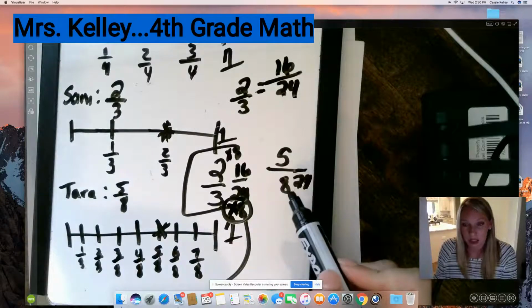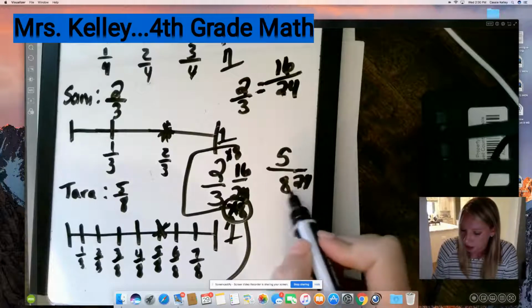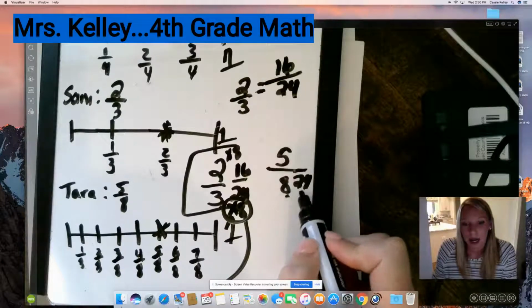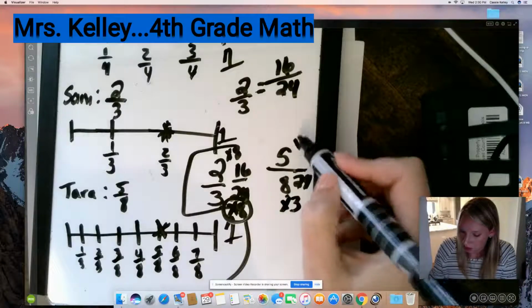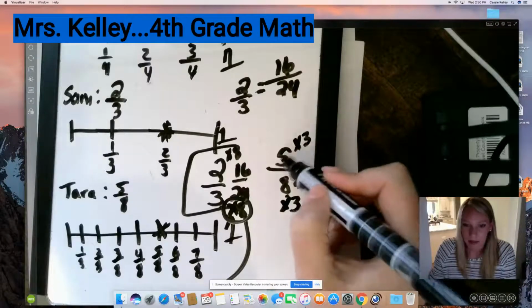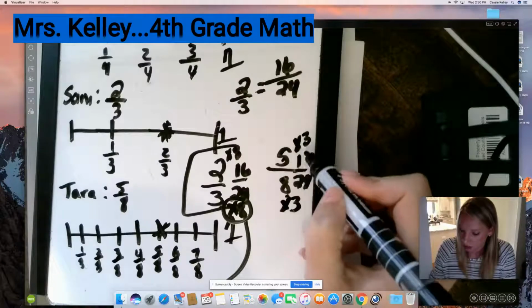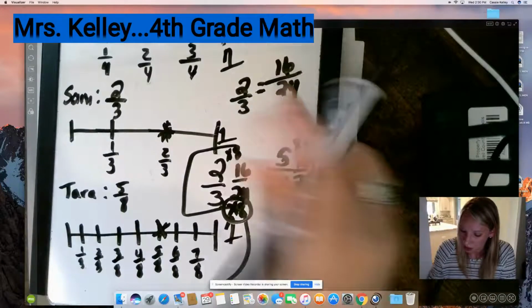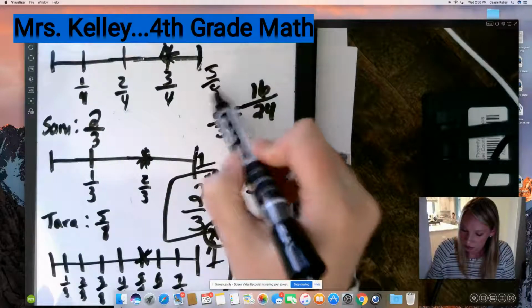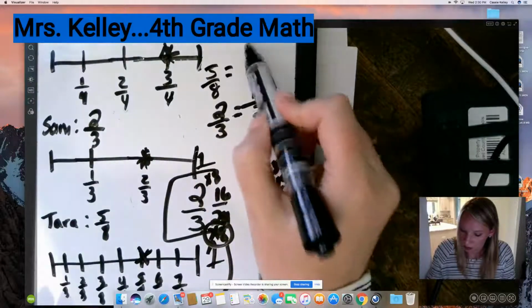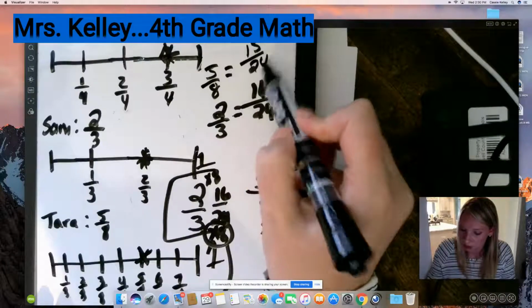Then I'm going to do the same for 5/8. What do I need to multiply 8 by to get an answer of 24? Good, 3. So then I multiply the top by the exact same. 5 times 3 is 15. So 5/8 is equivalent to 15 over 24.